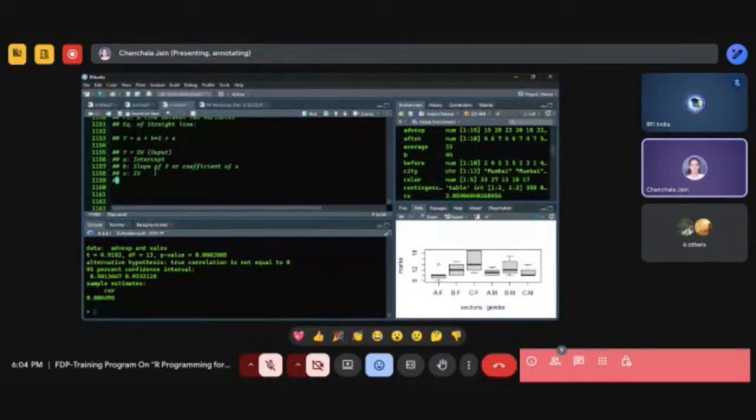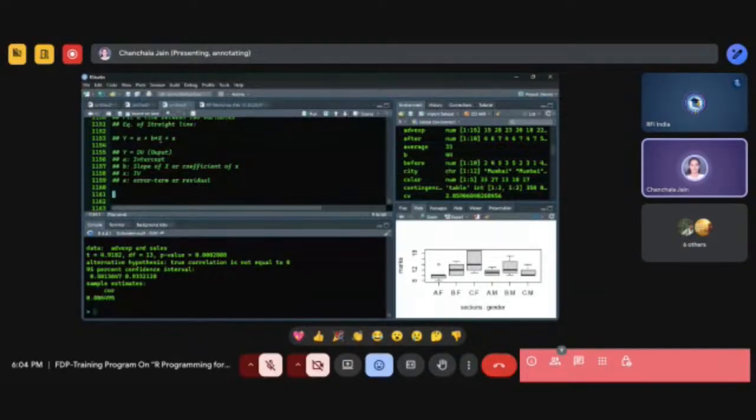E is the error term or residual, right? As I told you, we are predicting the dependent variable using the independent variable. Suppose I take the example I have just taken in case of correlation: sales and advertisement expenditure.